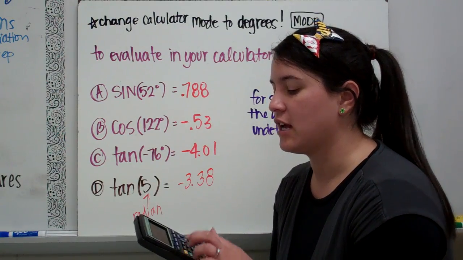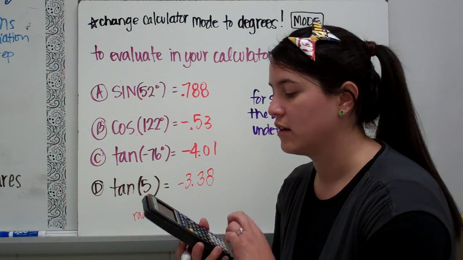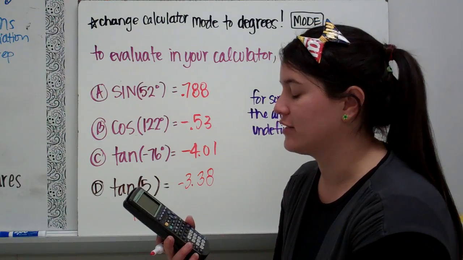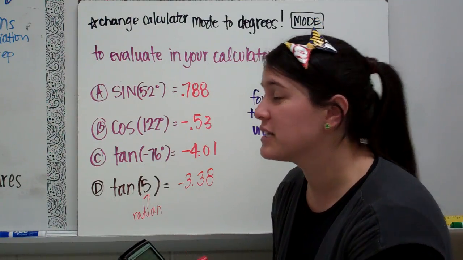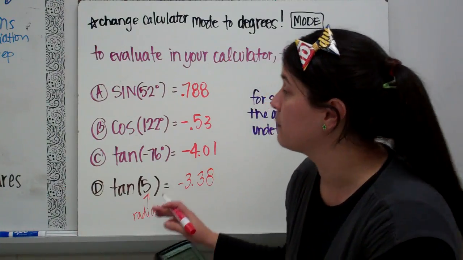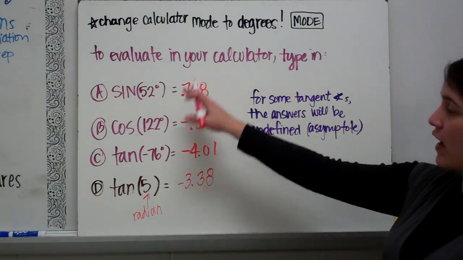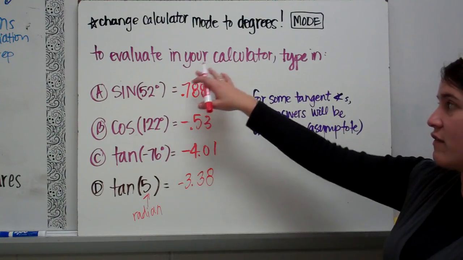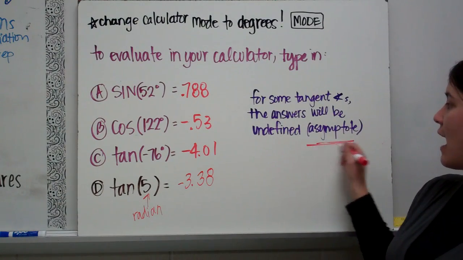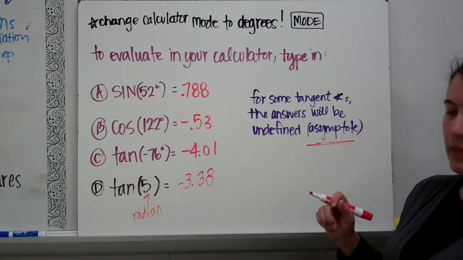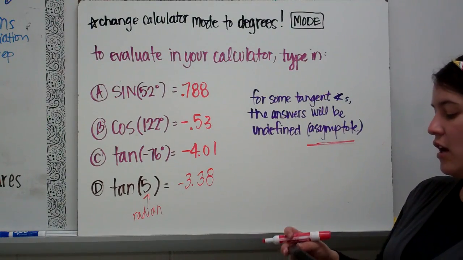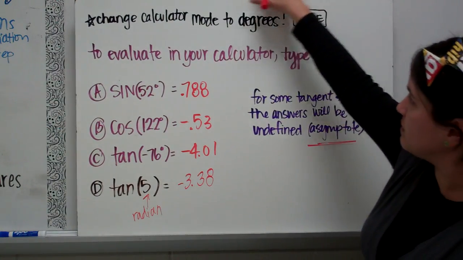If you typed in tangent of 5 degrees, then your answer is a different decimal. So you have to pay attention if it has the degree sign or if the directions explicitly say degrees only. Occasionally when you're evaluating, your tangents are not going to have a solution, meaning there's an asymptote at that number. If it says error, then that's probably no solution.